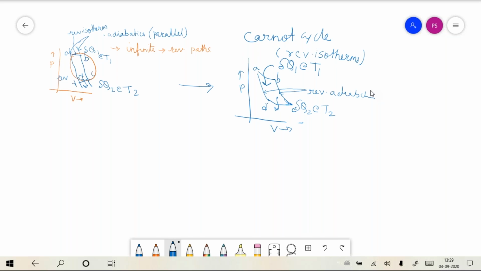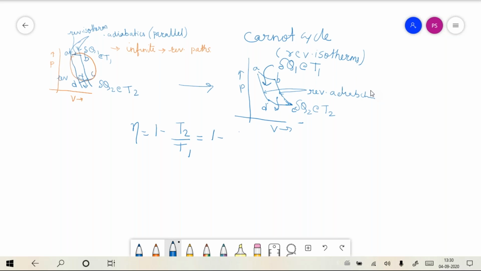So this reversible cycle is a Carnot cycle comprising of two reversible isotherms wherein heat added is del Q1 at T1 and heat rejection is del Q2 at T2, the efficiency of which is given by 1 minus T2 by T1. And you know that efficiency of any heat engine is equal to 1 minus del Q2 by del Q1.